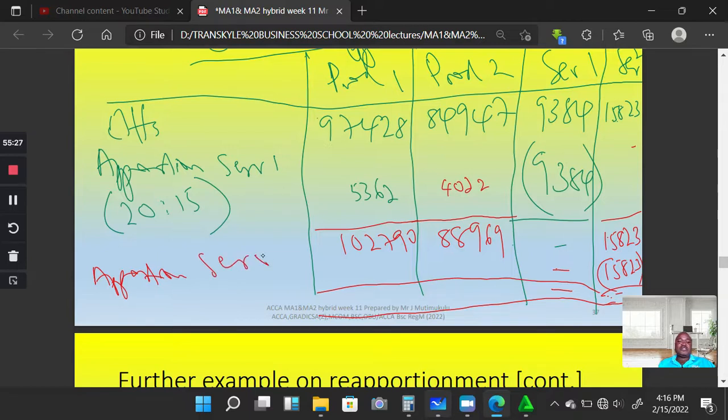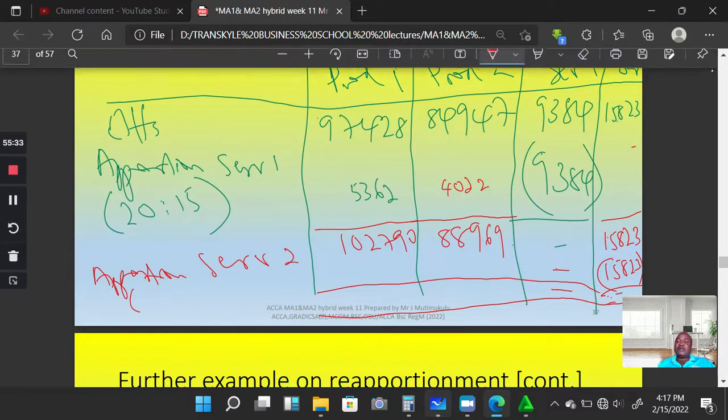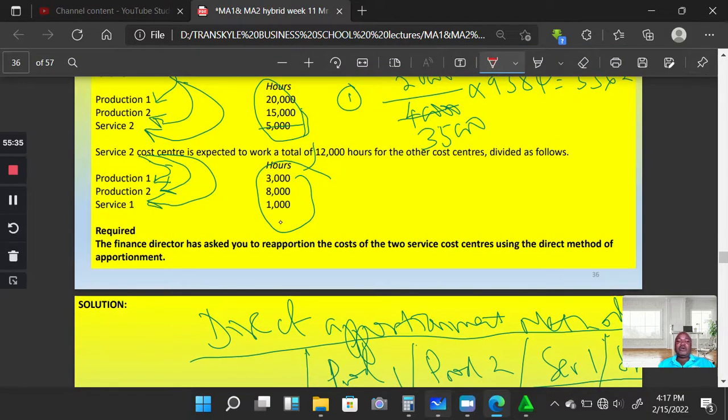So we have to apportion service center number 2, and the percentages we are going to use, remember, we have to be led by the principle. We are not going to use all of these. This is now about the production centers only.